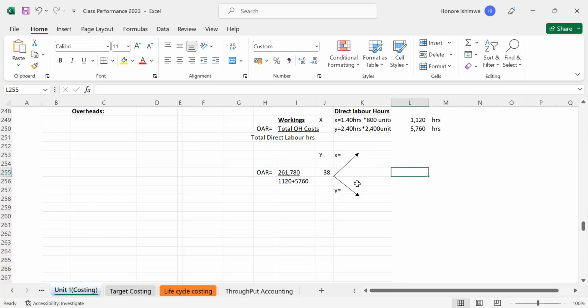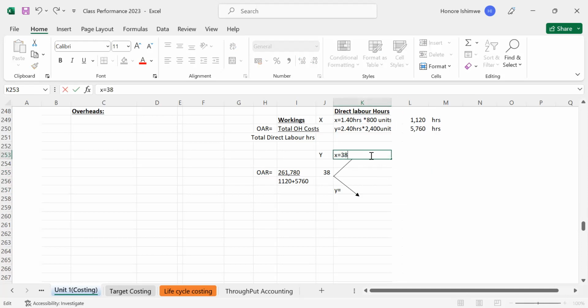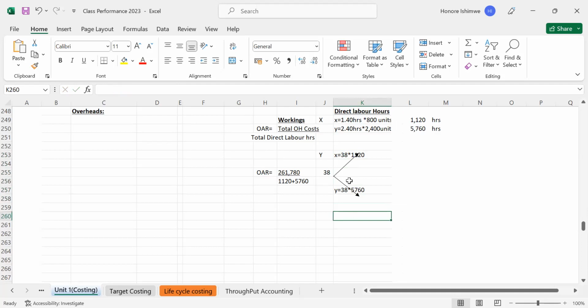So I will multiply this 38 by 120 for X. And also for Y, I'll need this 38, which is my overhead absorption rate, then multiply by 5760. Is it okay? So I'll have my total overhead allocated to product X and product Y.